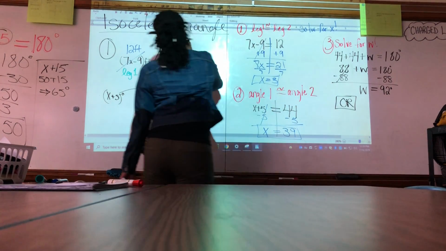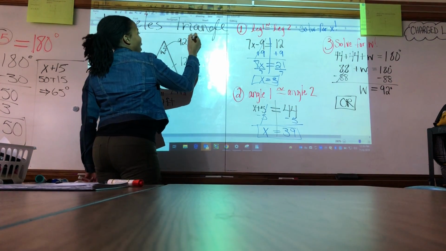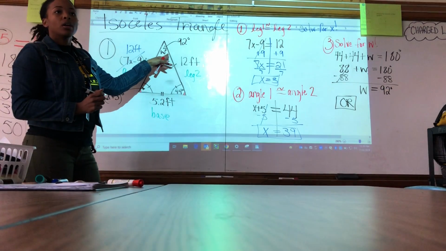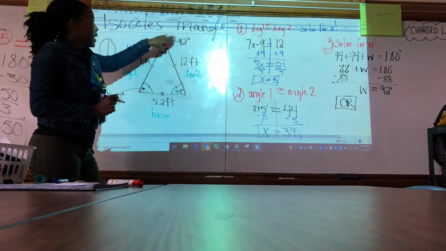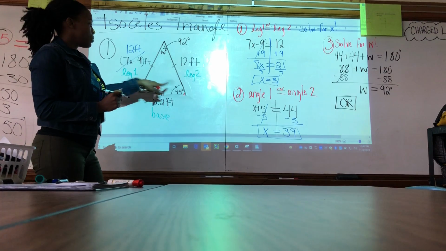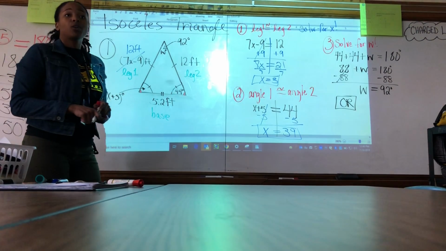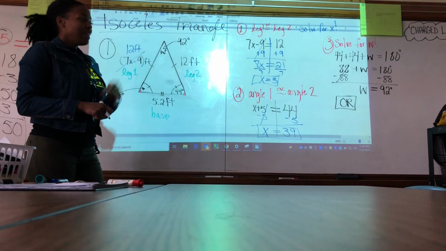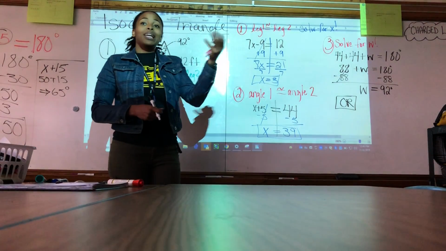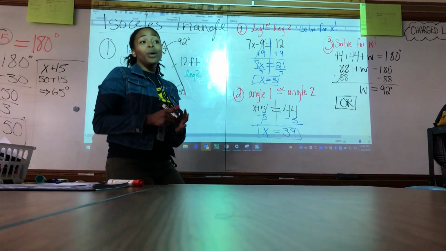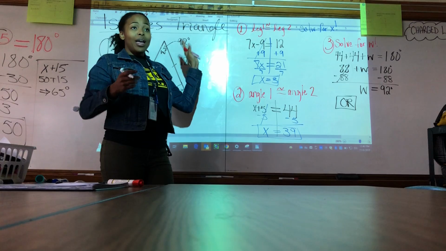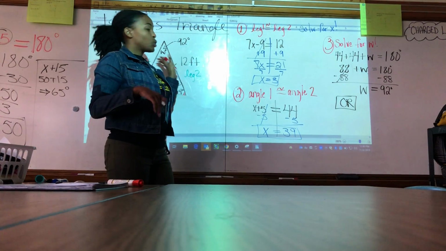So this ends up being 92 degrees. How would you check your work here? Add them all up. 92 plus what? 44. And it should give you 180. Now, with that being said, keep in mind the shorthand way a lot of us like to do the triangle angles.